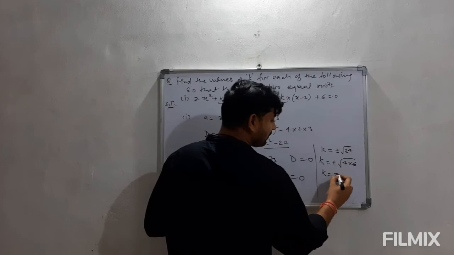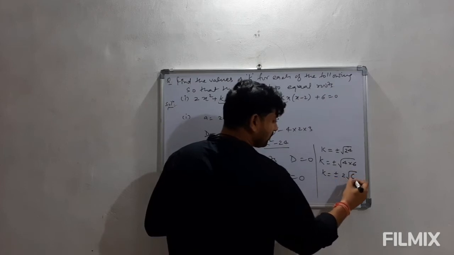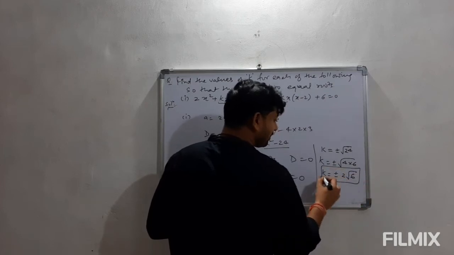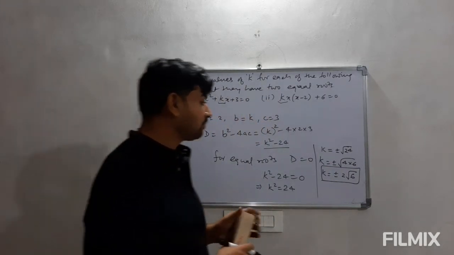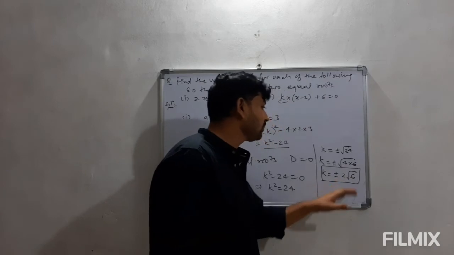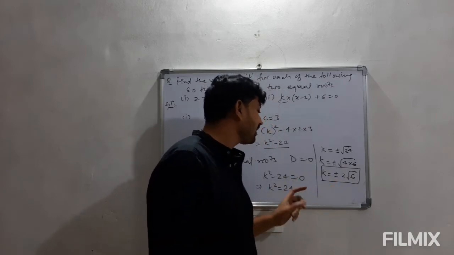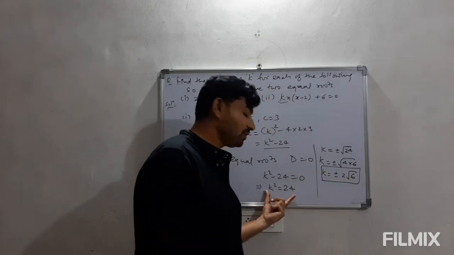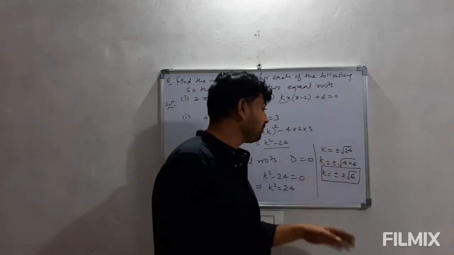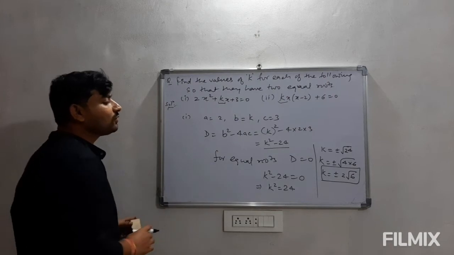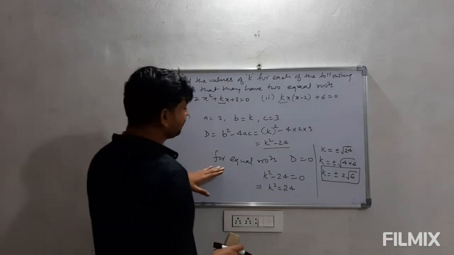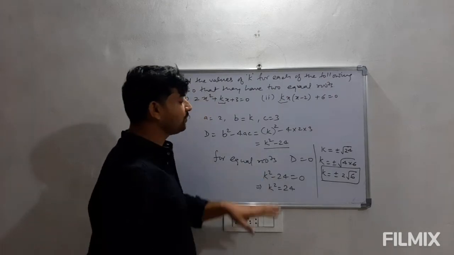So 4 we can take out as 2. So the values of k are plus 2 root 6 and minus 2 root 6. There are two possibilities, as whenever we use square root, we have to write plus and minus. So this is how we find out the value of k if the equation should have equal roots.